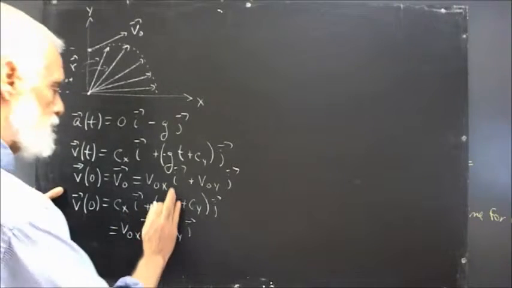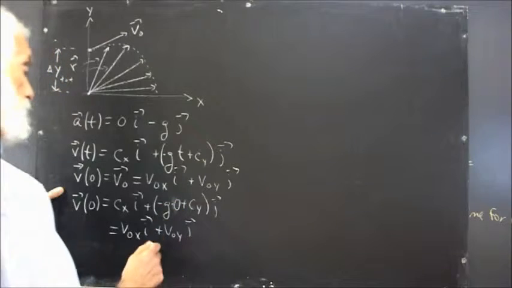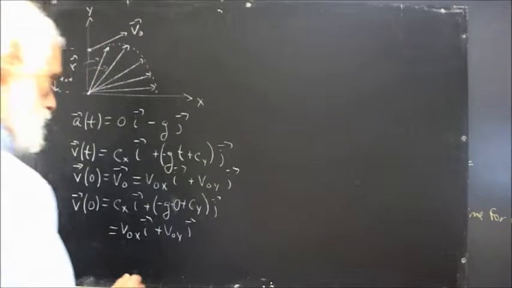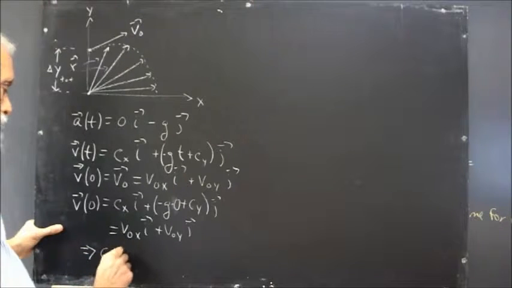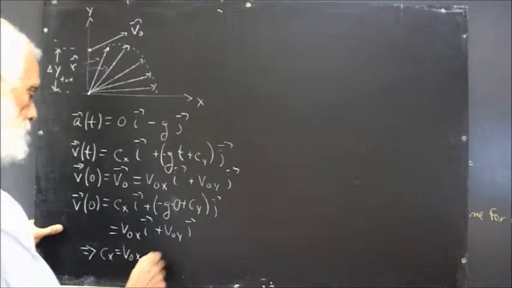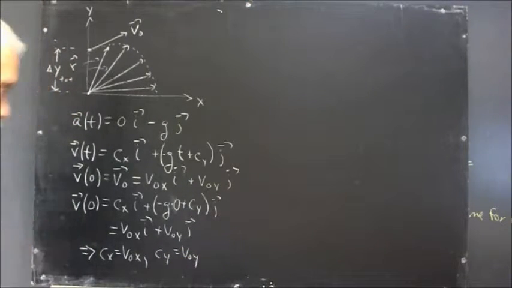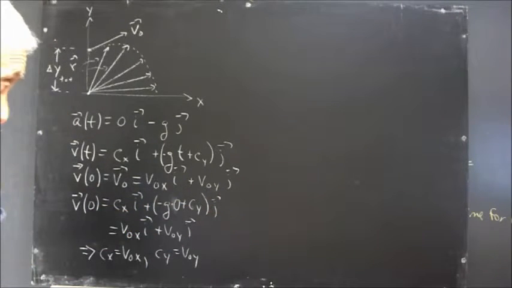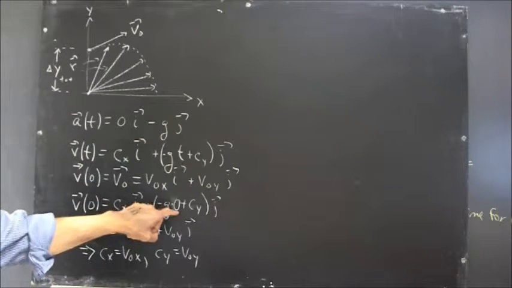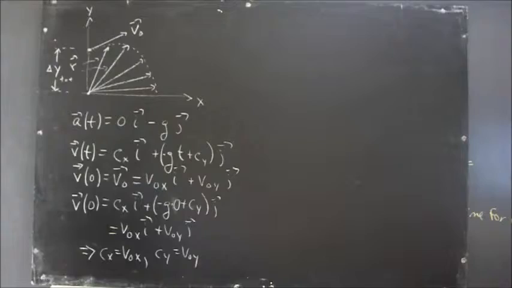Well, v of 0 means that t equals 0. This implies that cx equals v0x and cy equals v0y. Because, of course, the i components have to be equal, so v0x has to equal cx. The j components have to be equal too. Well, g times 0 is 0, so cy has to equal v0y.